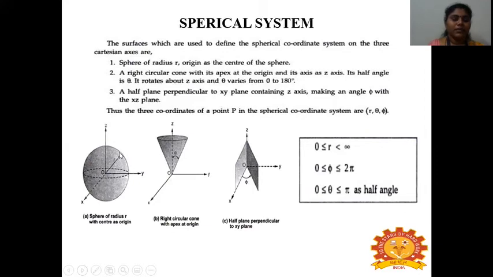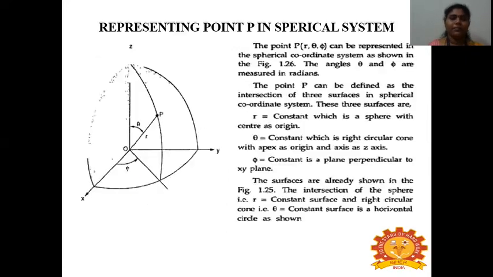So this is the sphere of radius r with the origin as the center, this is the right circular cone with the apex at the origin, and this is the half plane which is perpendicular to x and y.